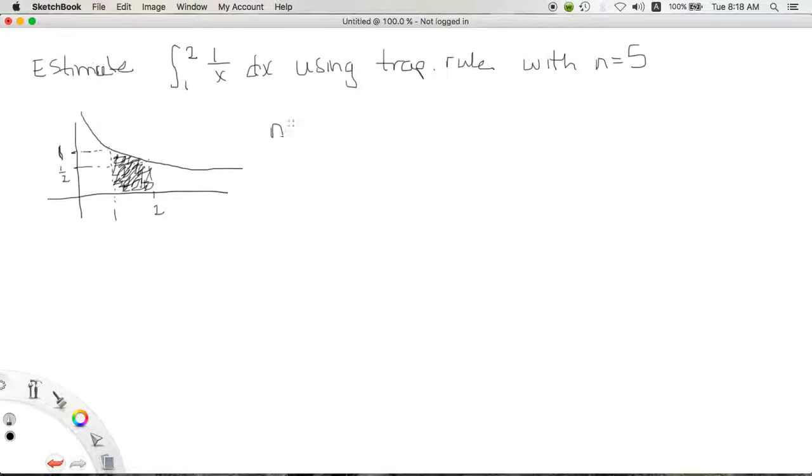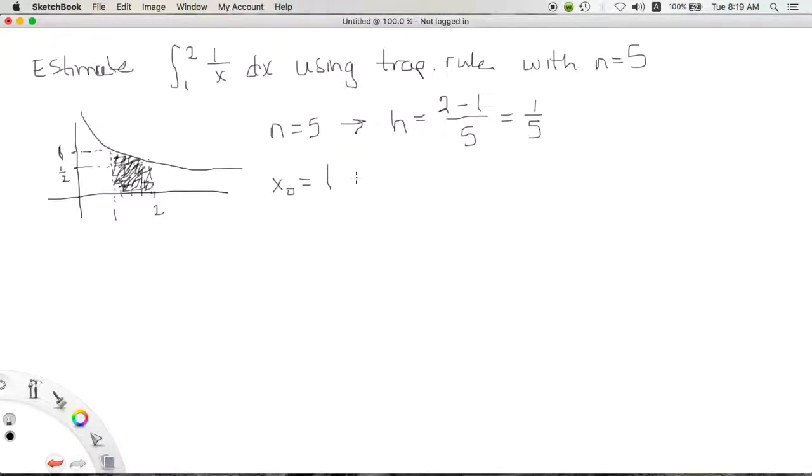So we have our n equals 5, which means that our h, remember we take b minus a over n, our h is 1/5. So that means that each of our trapezoids, if we're using 5 trapezoids, is 1/5 of a unit wide. So what we do is we list out our x naught.